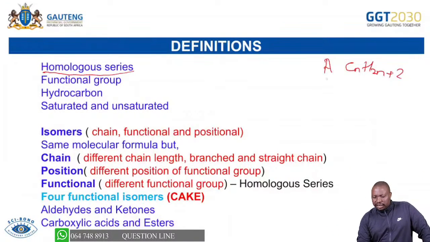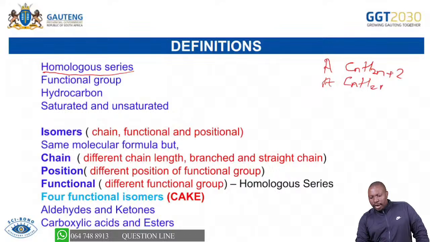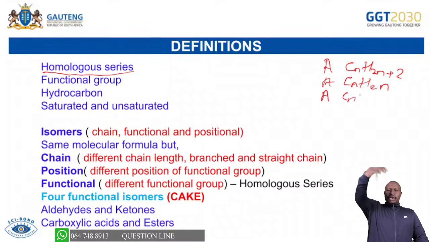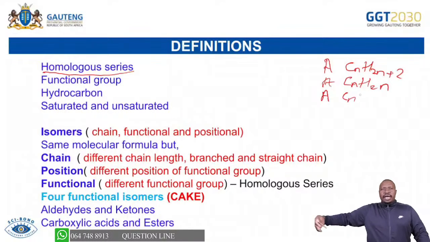If you have alkenes, it means we are removing 2 hydrogens because we're bringing a double bond, so the general formula is CnH2n. If you belong to alkynes, now it will be CnH2n-2, because we're removing further 2 hydrogens.